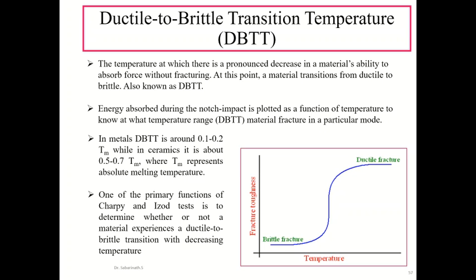So somewhere in between, a transition from ductile to brittle fracture will take place based on the change in temperature. At high temperature, for example, a material such as an alloy of steel will act as a ductile material. But when the temperature is decreased, the material will undergo a brittle fracture.